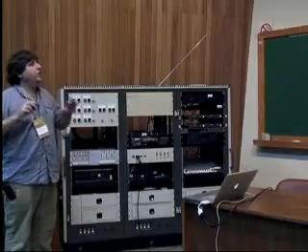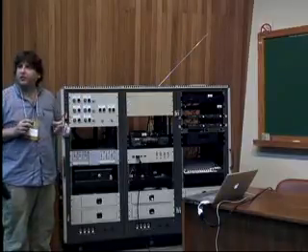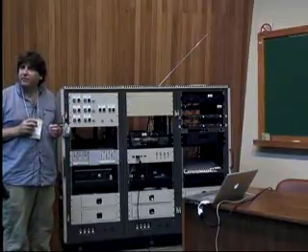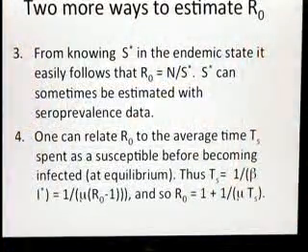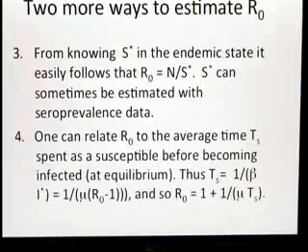Okay, so if one assumes that essentially everybody is susceptible at the beginning of the outbreak, and again, this is an assumption which may or may not be true, but if one assumes that that's true, then in this model, R naught is equal to the total population size divided by the number of susceptibles over the long term.